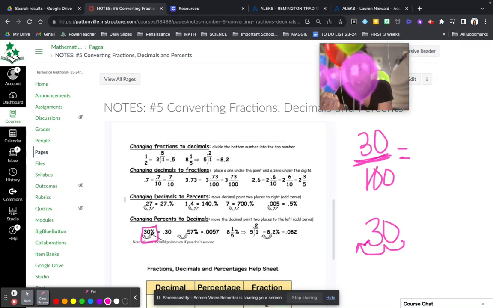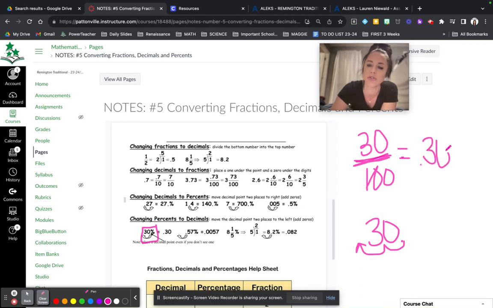So that's just kind of my cheat method, right? So here we go. There we go. Okay. So that's where you're getting this 30 hundredths from. If I read it out loud, it says that decimal, doesn't it? 30 hundredths.